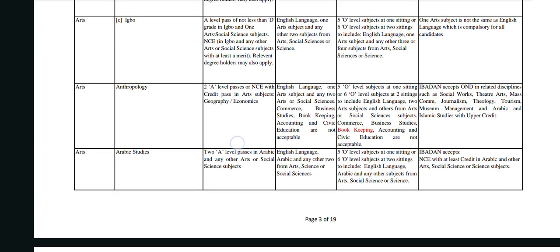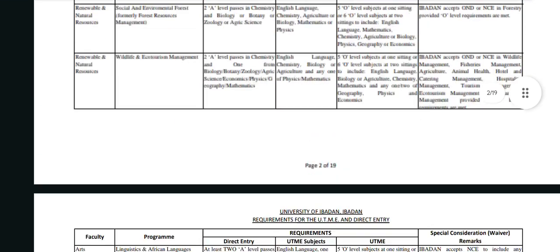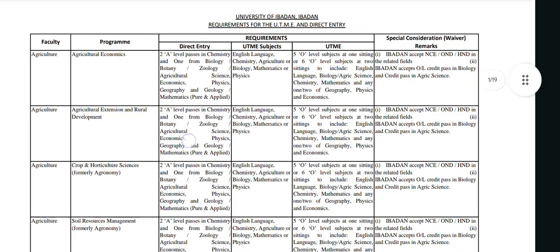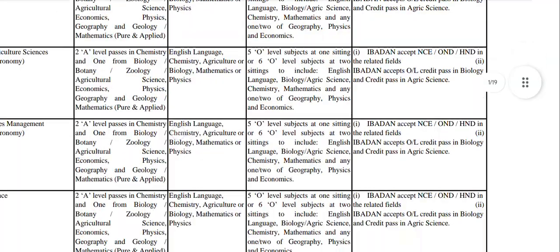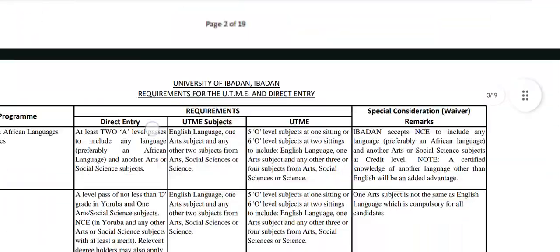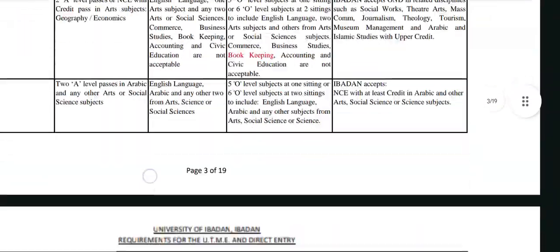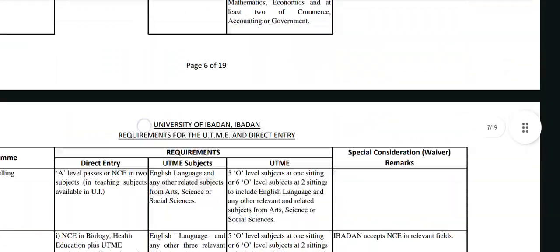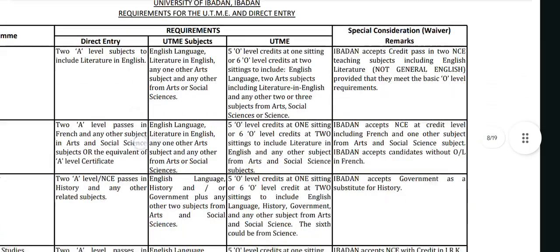And if you are checking for your course requirements, ensure you check the special consideration if it applies to you. Only the one I've pointed out is under the College of Medicine. The special consideration there is that 2 O level sittings are not allowed.